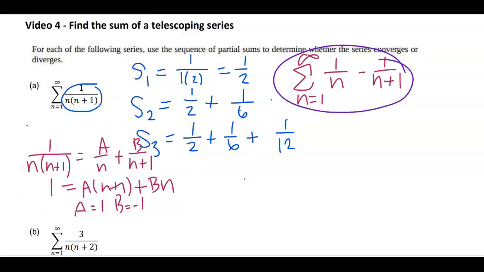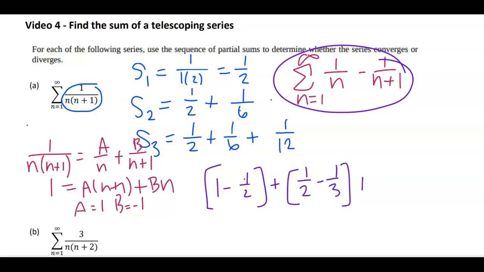So I'm going to do this full sum. So my first term is 1 minus 1/2. But then when I plug in for my second part of my series, I get 1/2 minus 1/3. And then when I plug in n equals 3, I get 1/3 minus 1/4.